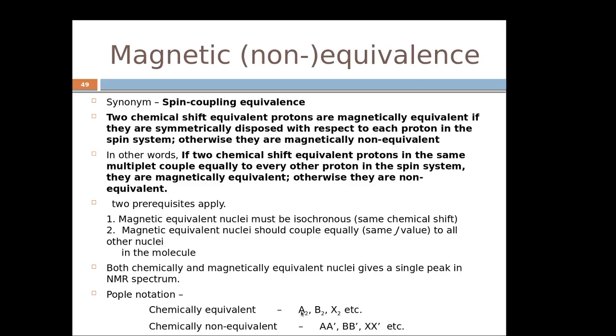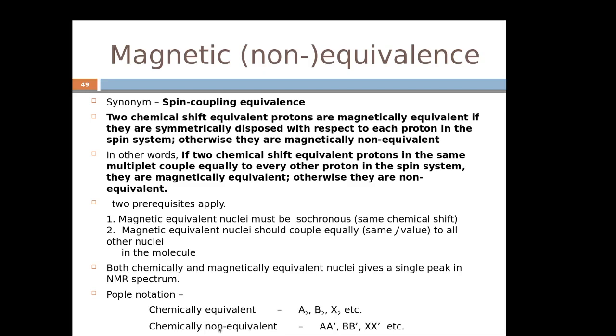It's something like alphabetical order: both A and A are equivalent, right? So chemically equivalent nuclei are similarly considered as two A letters, A2, or they are labeled as 2A, proton A and proton A. Or B2, we can call it B2 or X2.